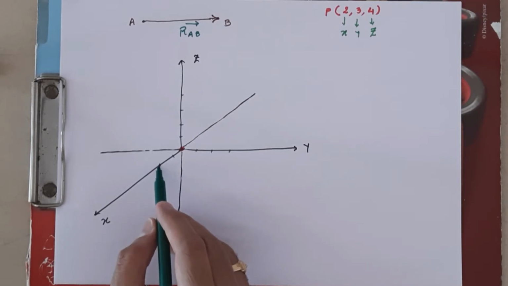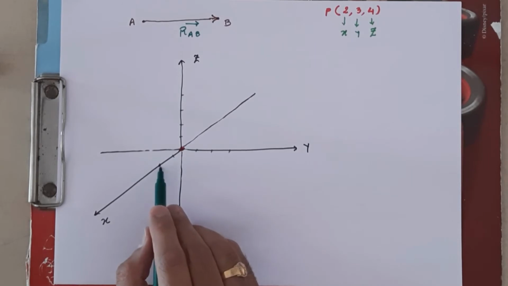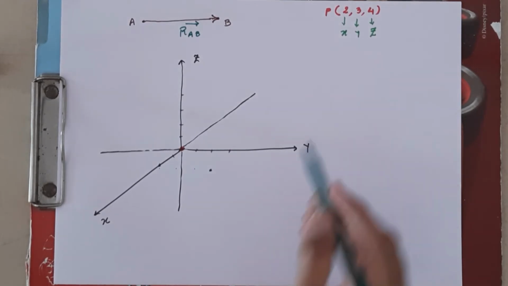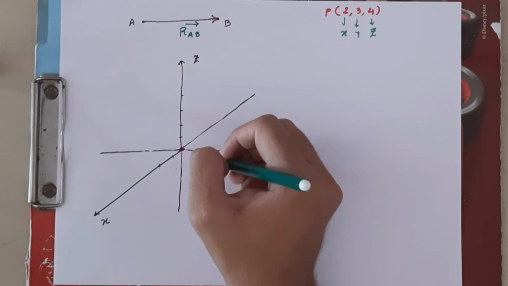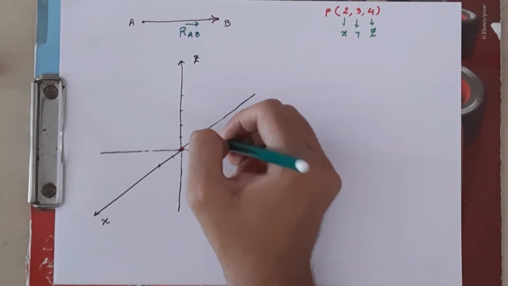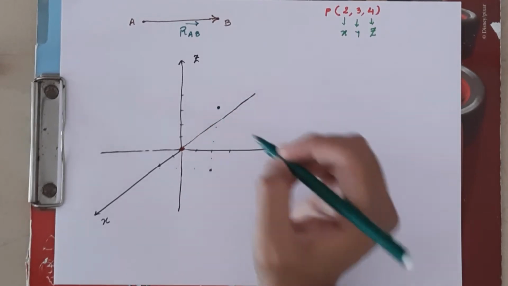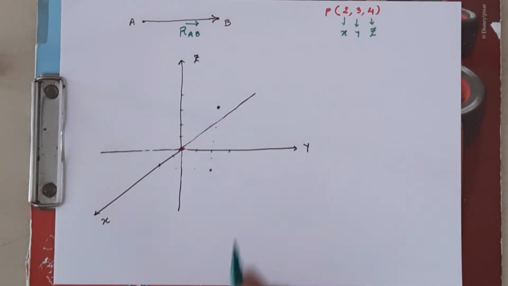Now the person covers 3 steps in the y direction: 1, 2 and 3 steps. Now this is the position of the person. Last, the person covers 4 steps in the z direction: 1, 2, 3 and 4 steps. So now this is the final position of that person.